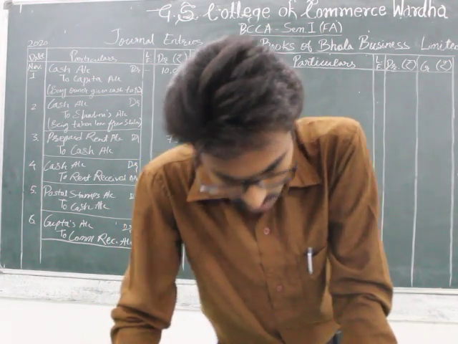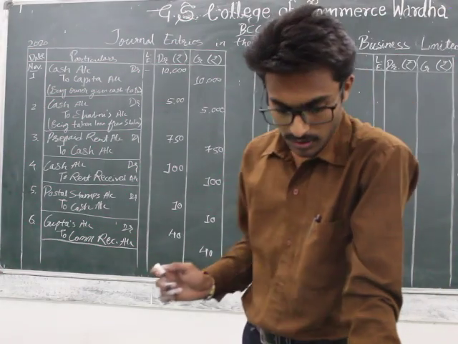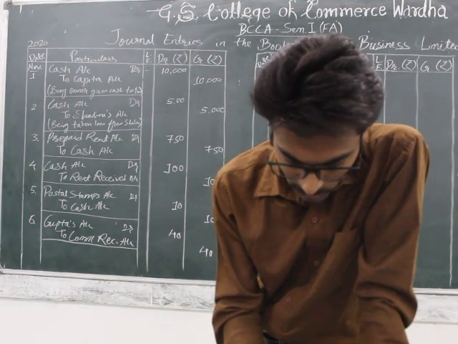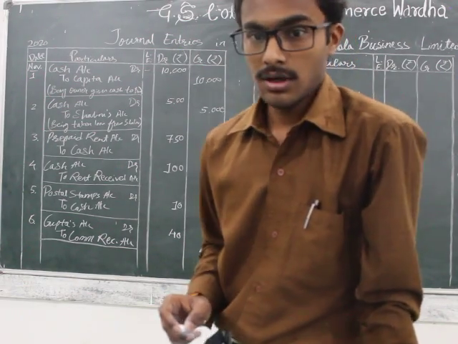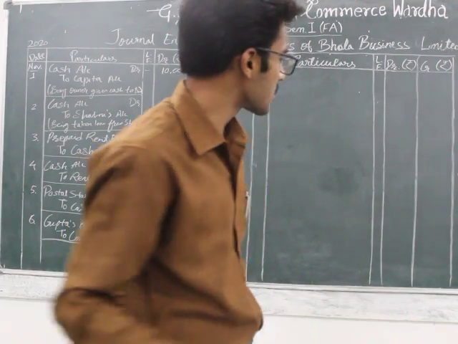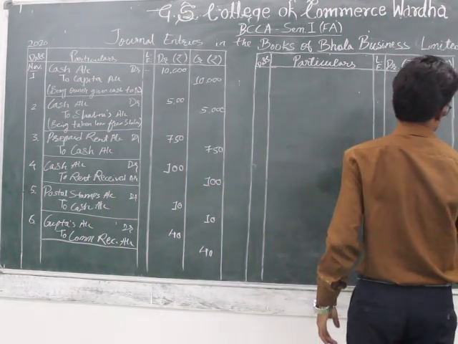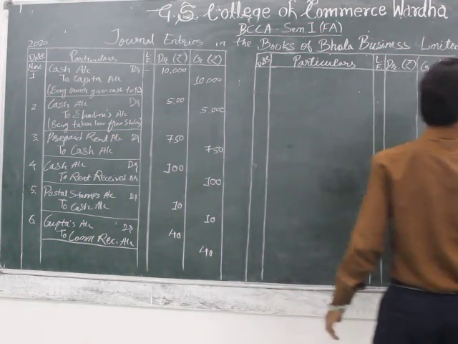Okay, so we are on the 7th of November. What happened on the 7th of November? An old typewriter of rupees 1000 is stolen. This is somewhat unique, we haven't seen it yet.